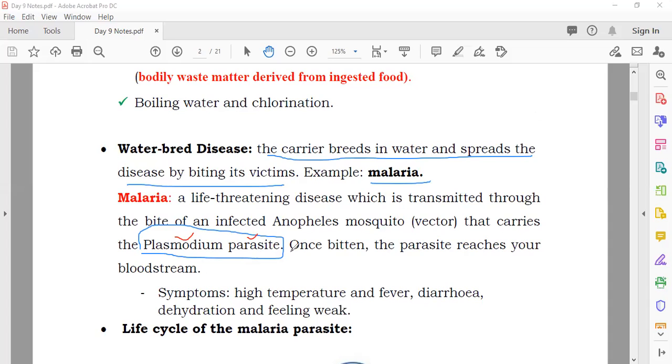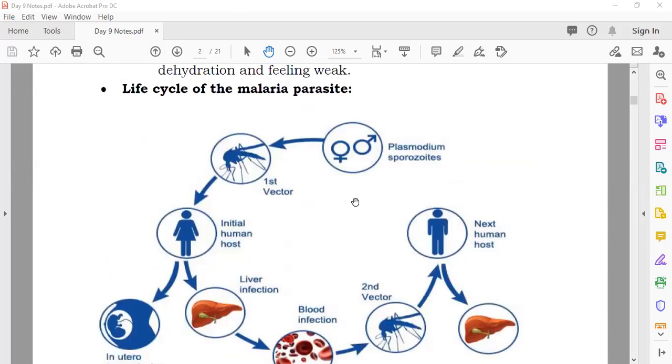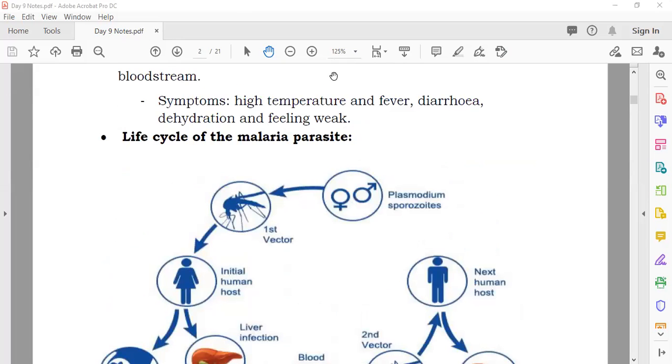We will study the complete life cycle of the malarial parasite. I will show you the video also. With the help of that video, inshallah, we will try to understand more. Now, what are the symptoms?